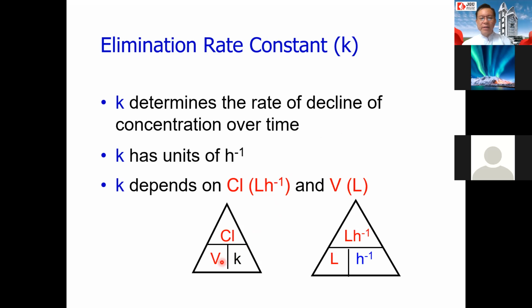So our formula: clearance equals VD times K. This is important, but sometimes we make mistakes.